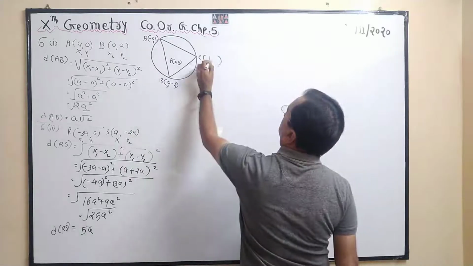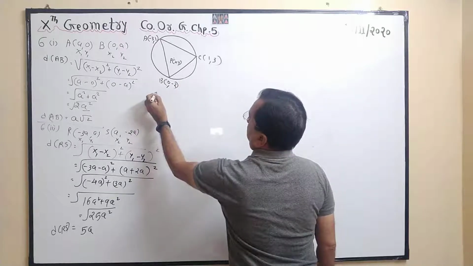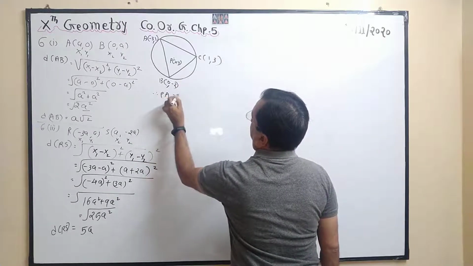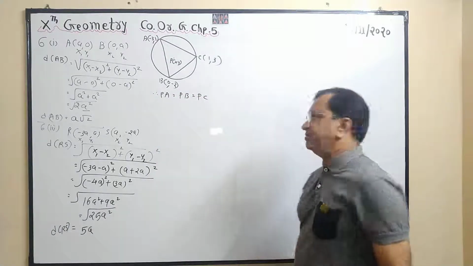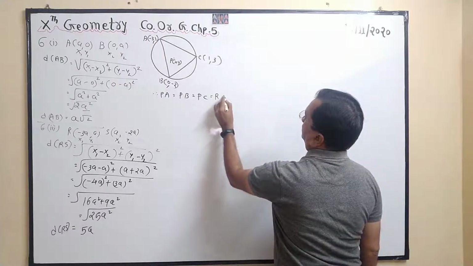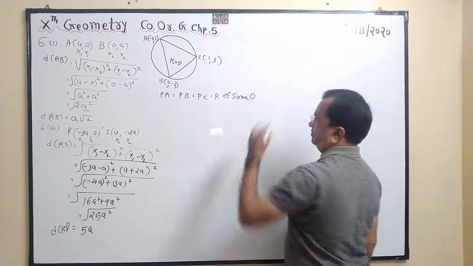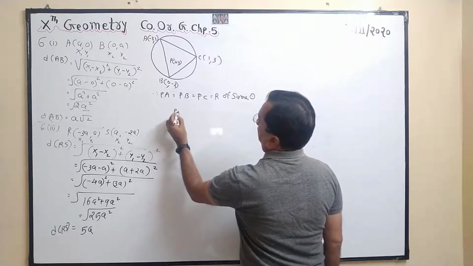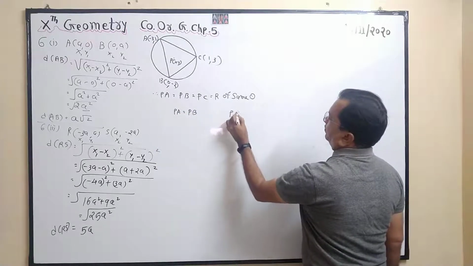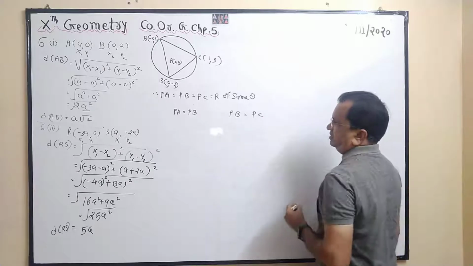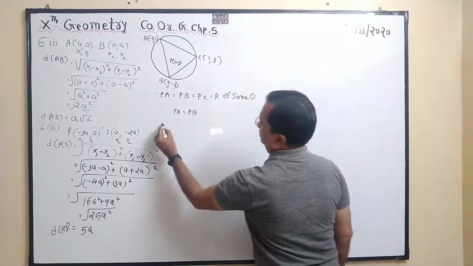C is (1, 3). P is the center. Therefore, PA is equal to PB is equal to PC. PA, PB, PC are radii of the same circle with the same center. So PA is equal to PB, and PB is equal to PC. Correct.